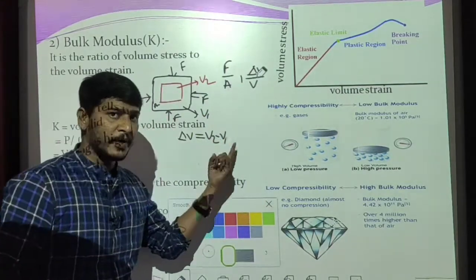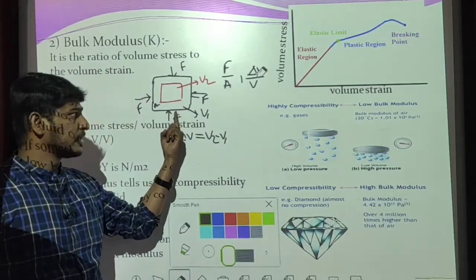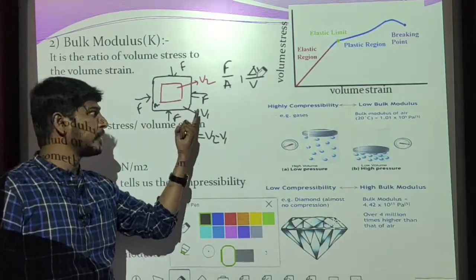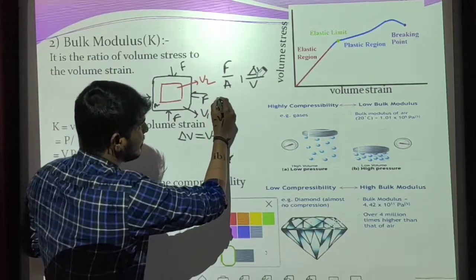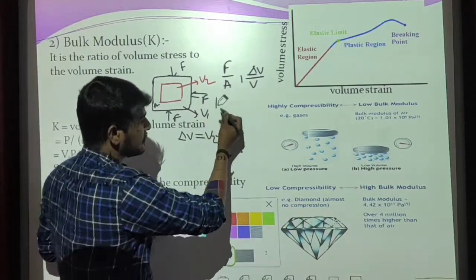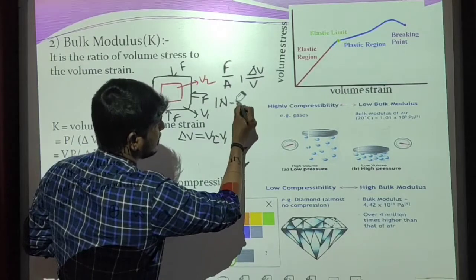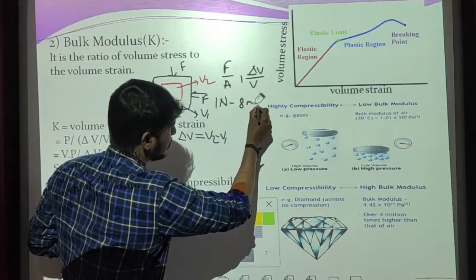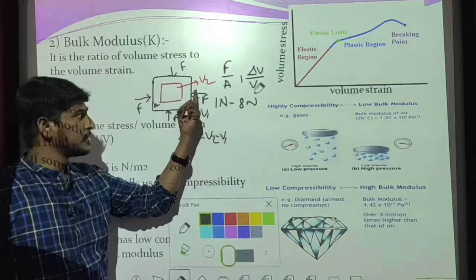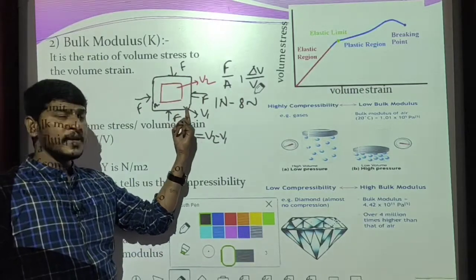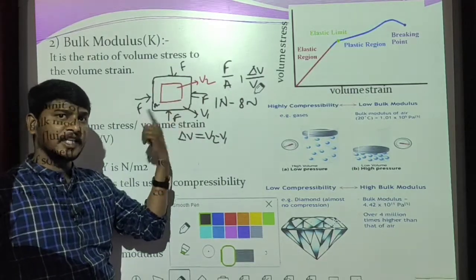Here also same, where I am going to apply different deforming force values. Initially I am going to apply force from 1 Newton to, let us suppose, 8 Newton force. Then if you remove this deforming force, this body will regain its original size and shape.